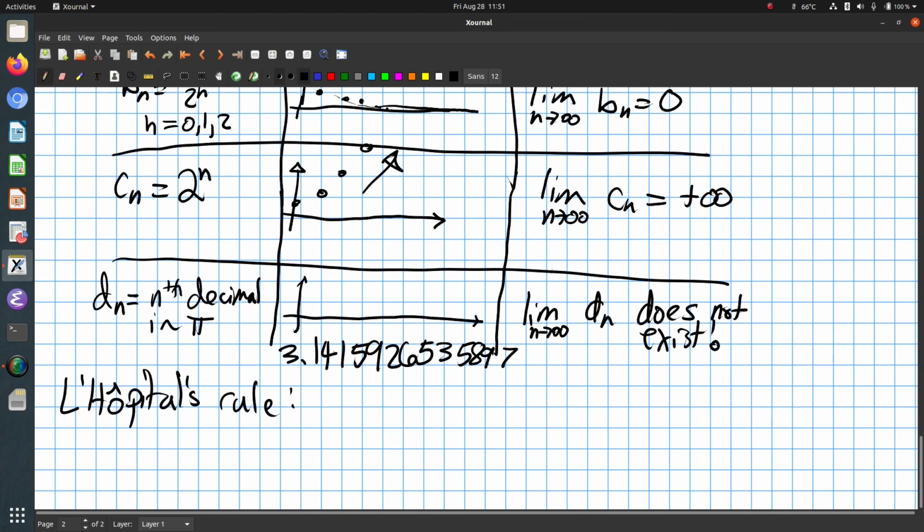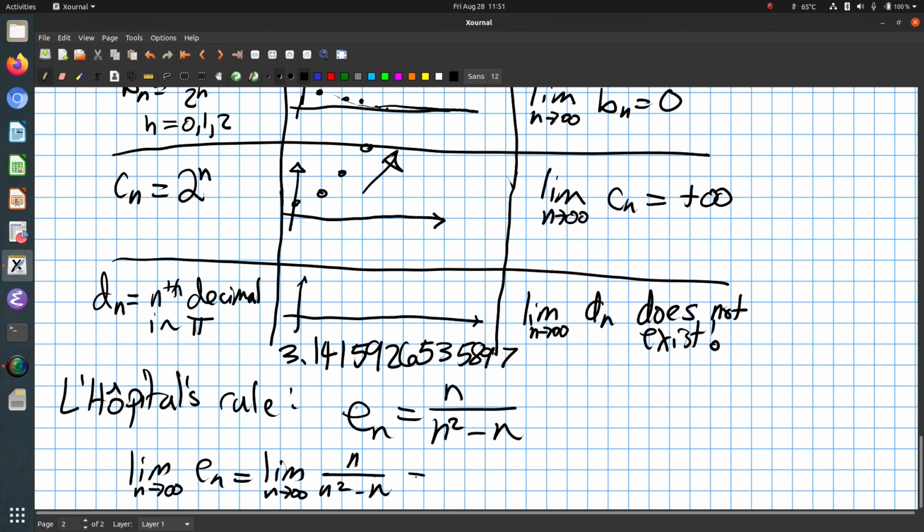So for instance, I take the sequence, and I'm going to call this sequence E. The limit as n goes to infinity of E_n is the limit as n goes to infinity of n over n squared minus n. If I use L'Hopital's rule, I'll get 1 over 2n, and you will notice right away that as n goes to infinity, that denominator gets really big, and you get 0. So sometimes L'Hopital's rule is just what you need in order to figure out limits of sequences.